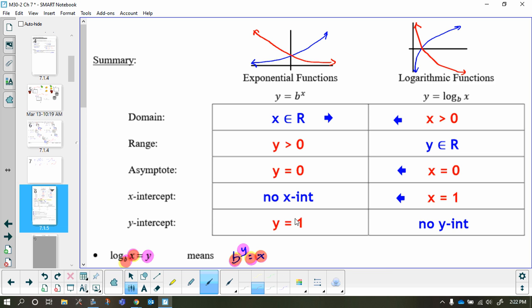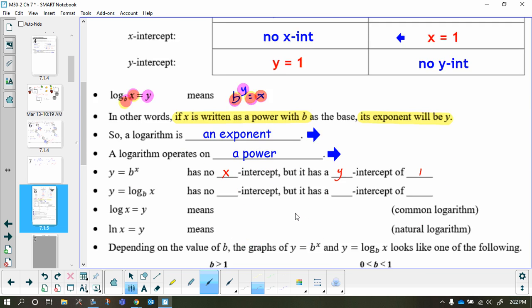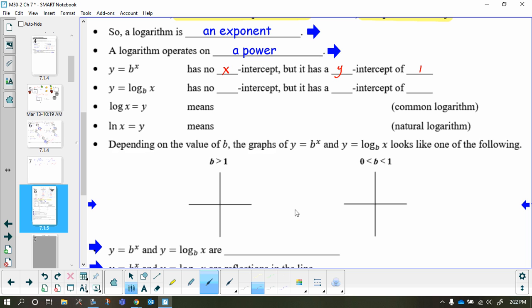It did have a y-intercept of 1. Similarly, if I look at the logarithmic function, it has no y-intercept, but it does have an x-intercept of 1. And again, that's in the table that we looked at above.